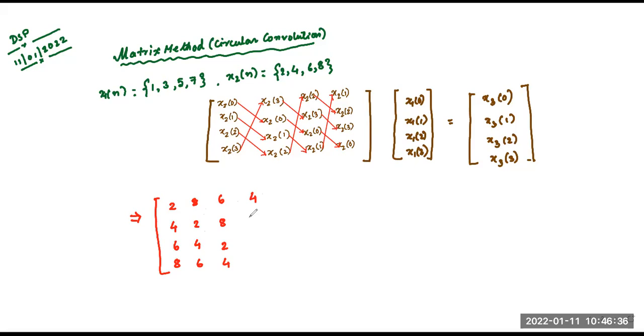Then 4, 6, 8, 2. So again it would repeat with 2, 4, 6, 8. So this will be the end of the matrix. Now it will be multiplied with the first matrix, that is x1[n]. You have to put the values, that means 1, 3, 5, 7.